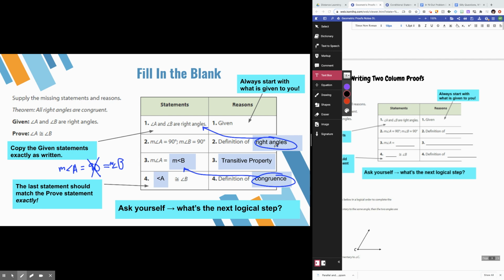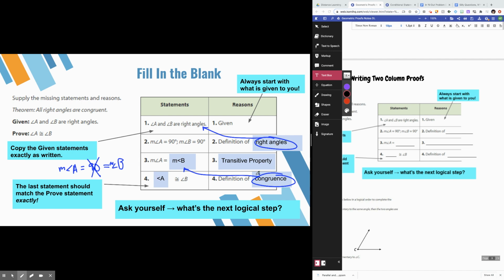Okay, so remember, the reason is always, how did I arrive at this new statement? How did I know that this new statement was true? What geometry rule told me that this is true? Okay, so like for step 2, the geometry rule that told me that those angles were both 90 degrees was the definition of a right angle.